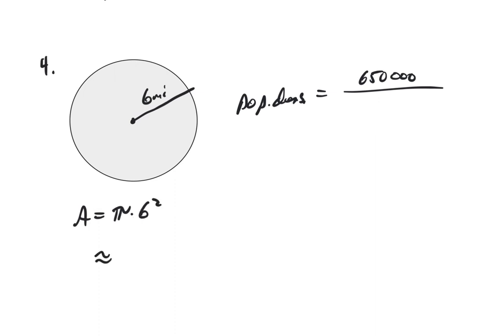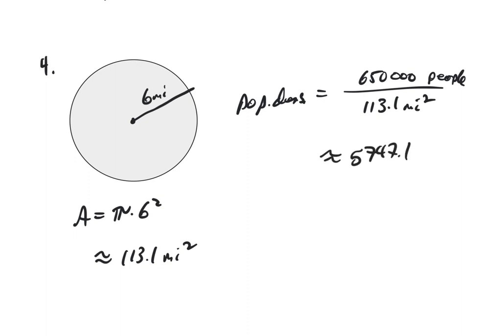So pi times 6 squared gets us an area of about 113.1 square miles. So we divide 650,000 by 113.1, and we get approximately 5,747.1 people per square mile.